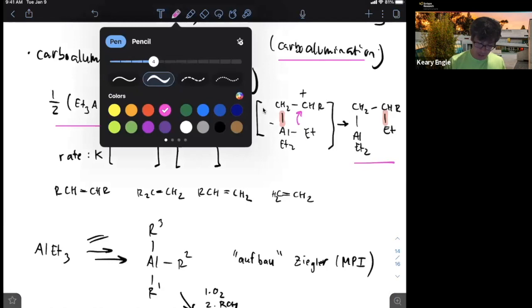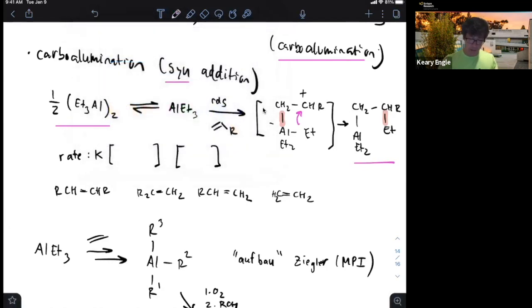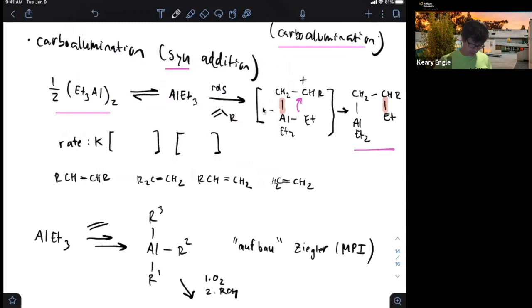We can then zoom in on what we would anticipate the rate law for this process to be, given this mechanism.